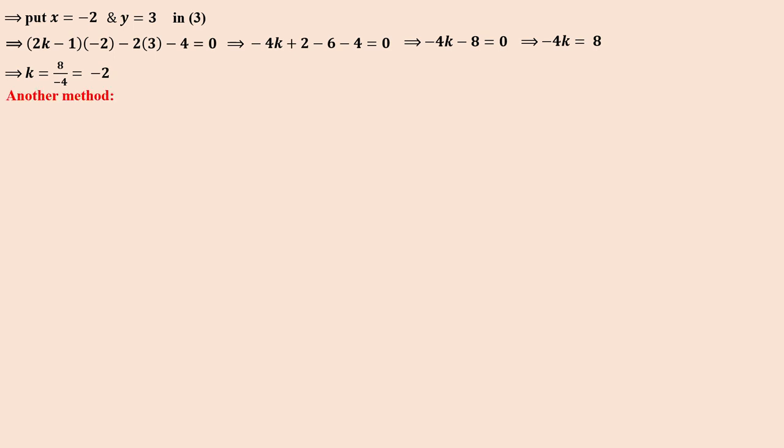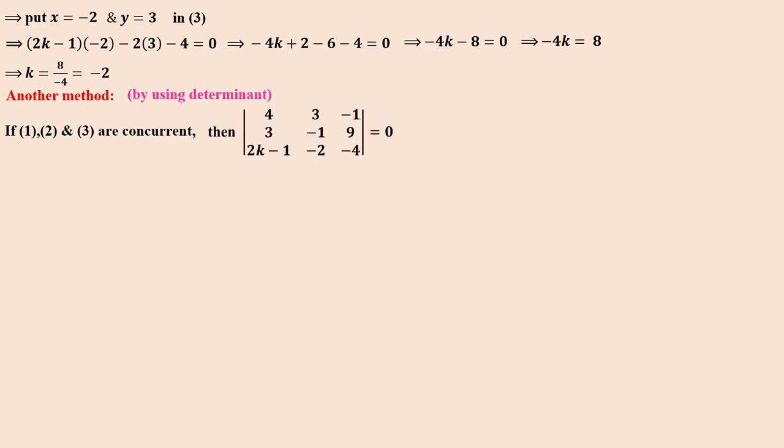Now we are going to see another method, that is by using the determinant, right? So if 1, 2, 3 are concurrent, then we know the coefficient of x, y and the constant term, that is, instead of the constant term 1, 1, 1. The determinant value is 0, right?